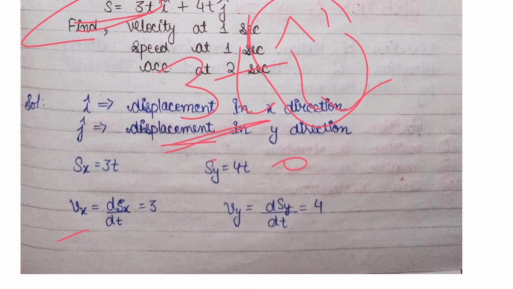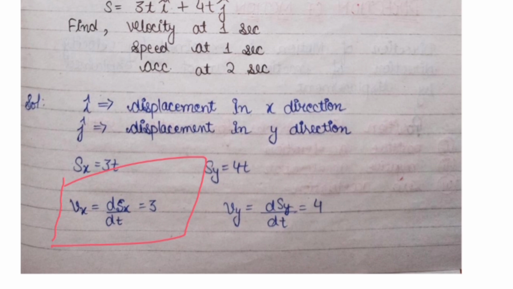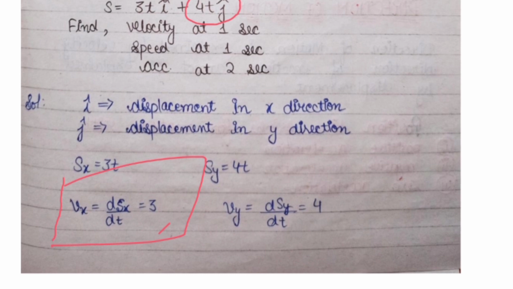So Vx, that is dx upon dt, equals 3. Here y is constant. This is along the y-axis, y is constant. So what is the differentiation of a constant? Very good, this is 0.